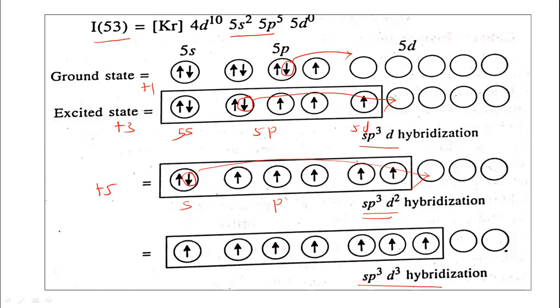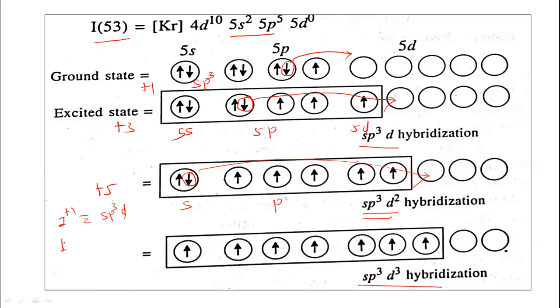So iodine undergoes sp3 hybridization in the +1 oxidation state.